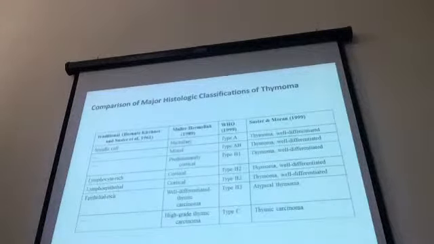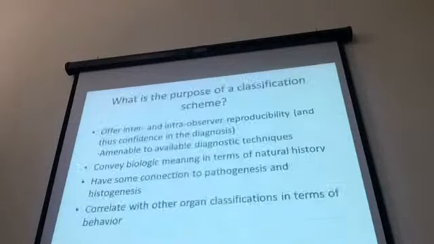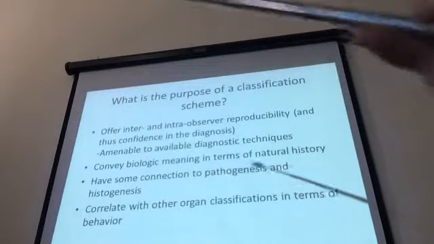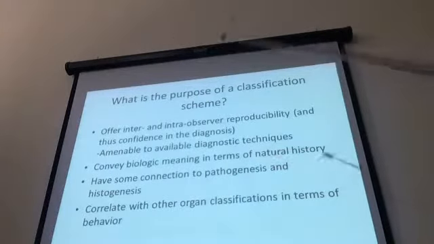Well, what is the problem with this? First of all, I think we ask, why do we have a classification scheme? What is it intended for? Well, one is to be able to communicate to our clinical colleagues what is going to happen in terms of natural history.